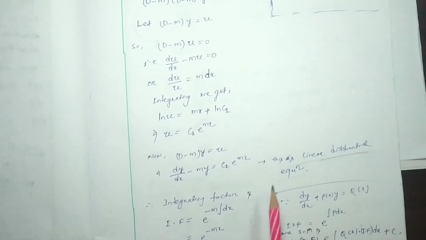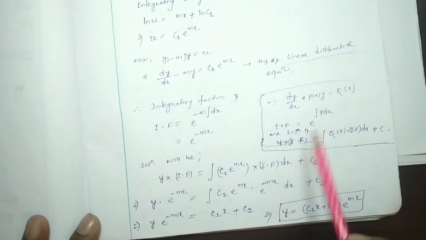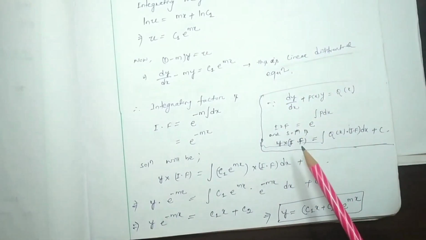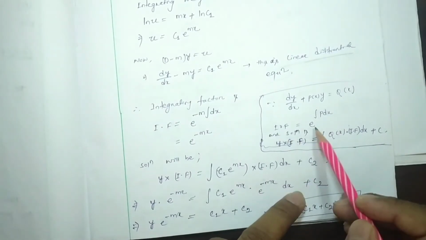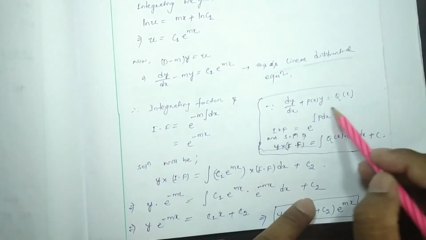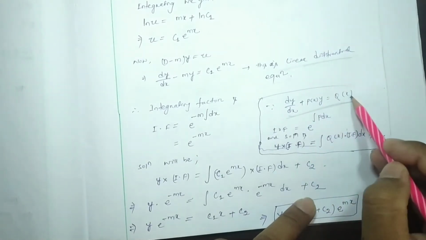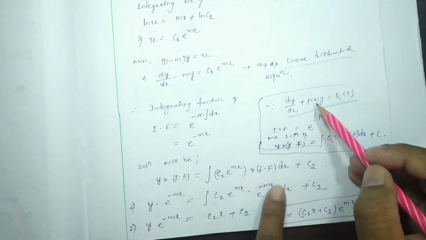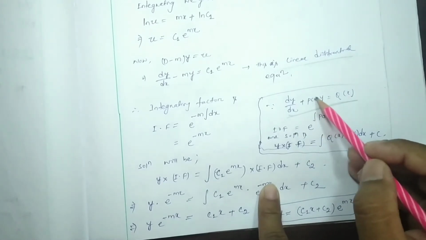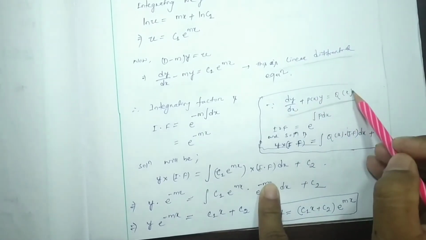So how do we solve the linear differential equation? We solve by considering an integrating factor. A linear differential equation is in the form dy by dx plus P(x) y equal to Q(x), where P(x) is a function of x or a constant, and Q is a function of x.